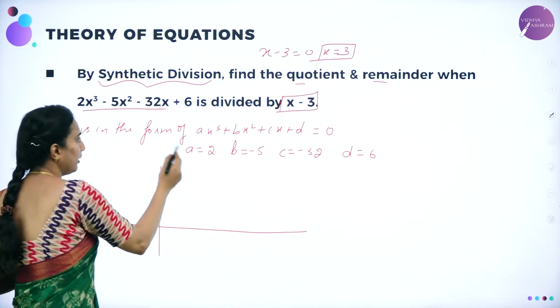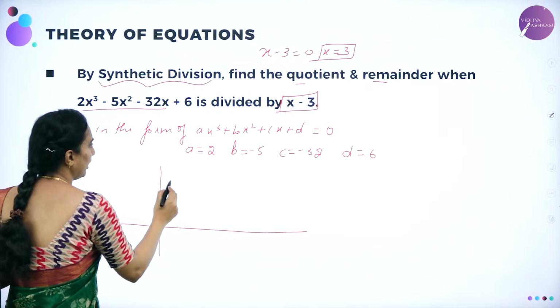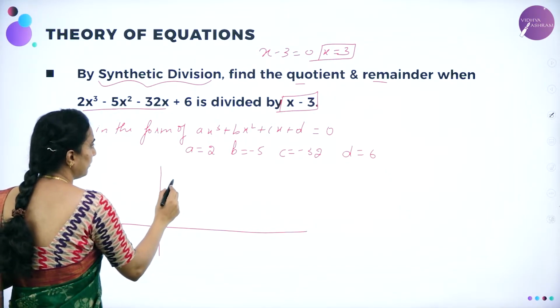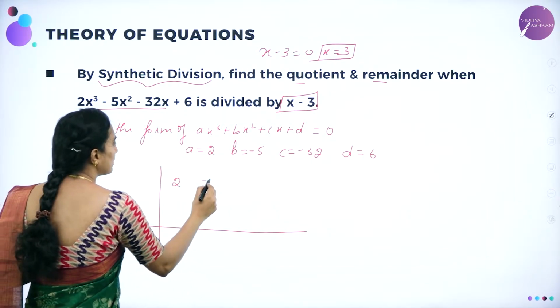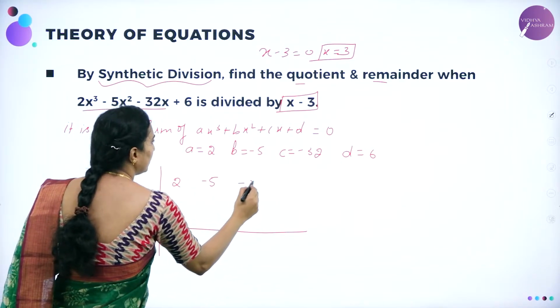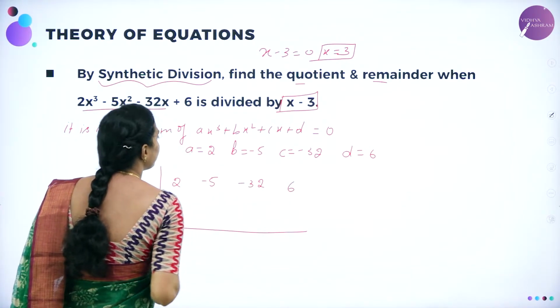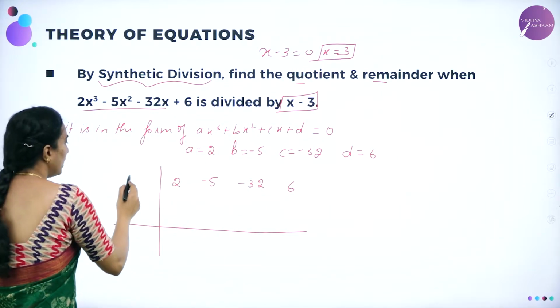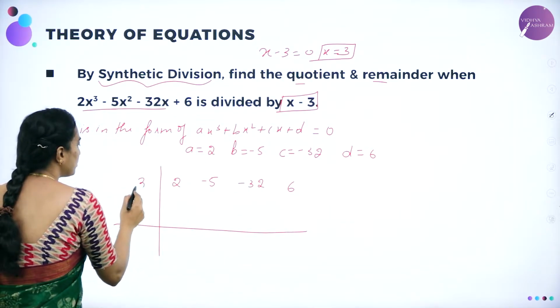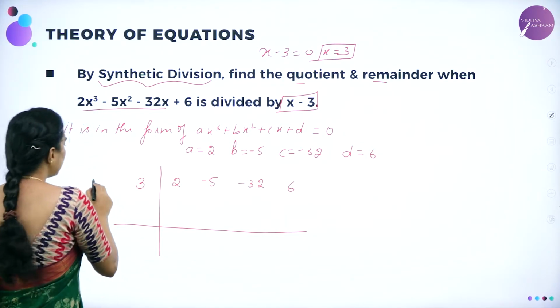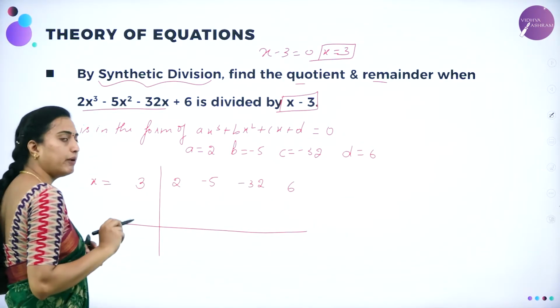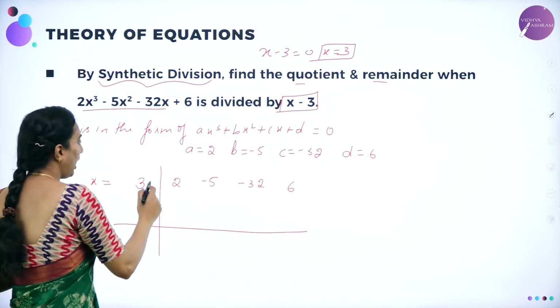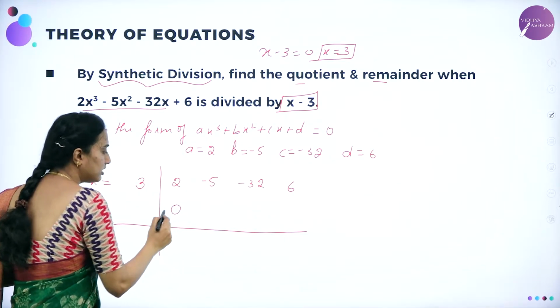Now writing the coefficients of x cube, x squared and x and the constant term, that is 2, minus 5, minus 32 and then plus 6. Now you found out x minus 3, which is x is equal to 3. Now putting that x is equal to 3 here, you can take it as given. Now you write 0.